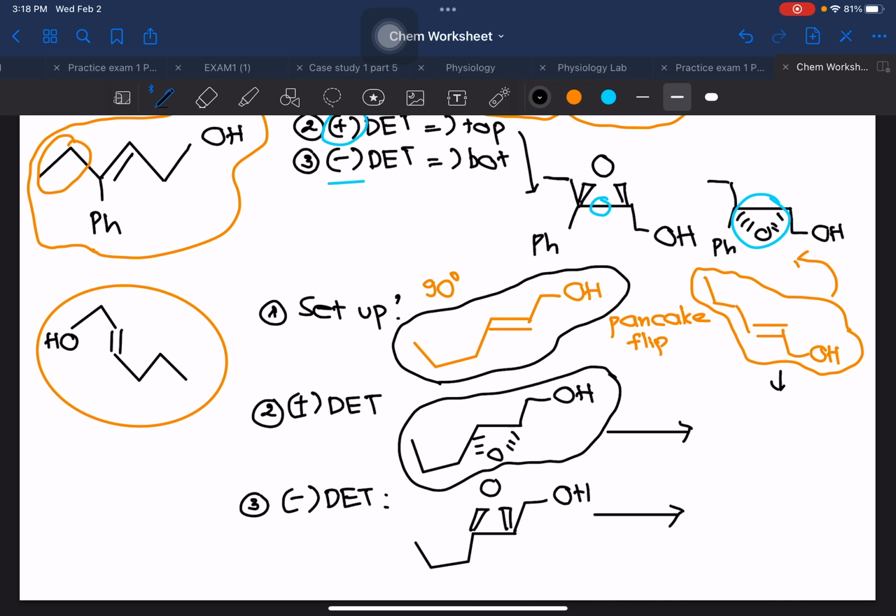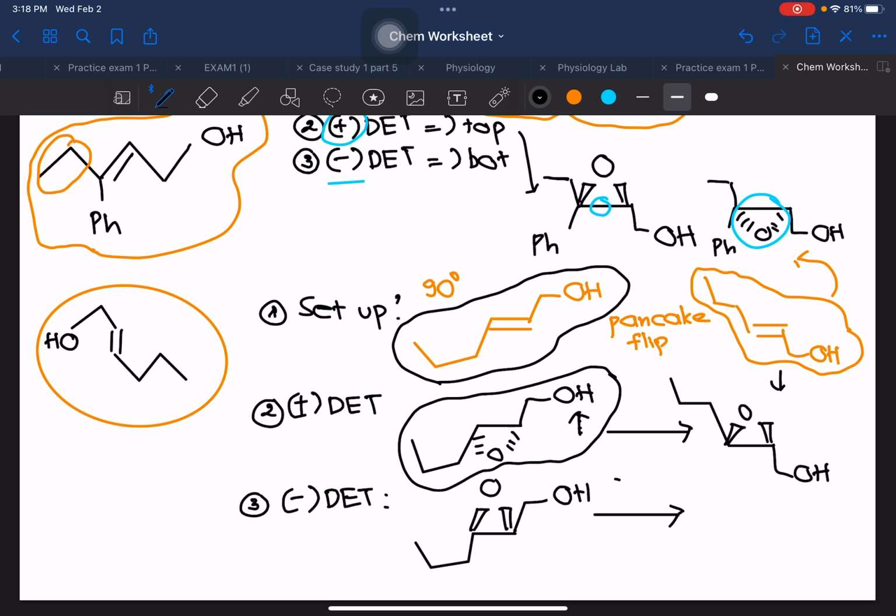So if you pancake flip this one right here, you have this. While now these two are going up, your OH is going down, and then your propyl is pointing up on the left side. Same thing here.